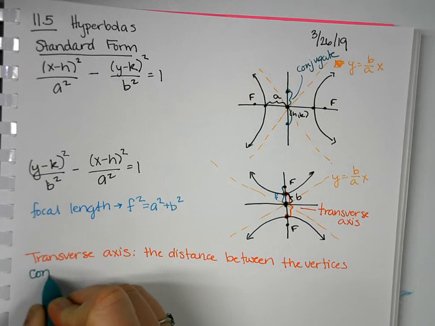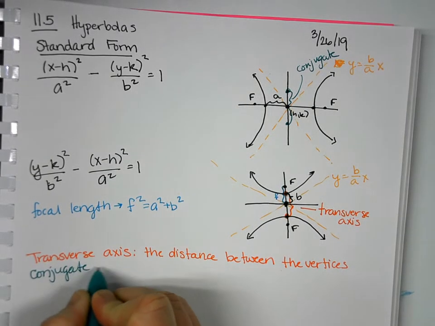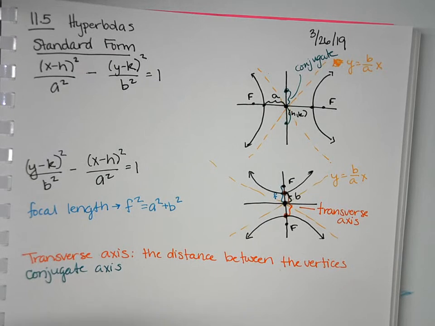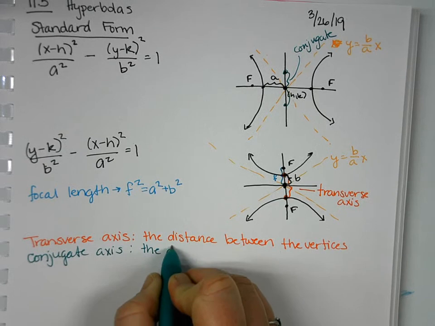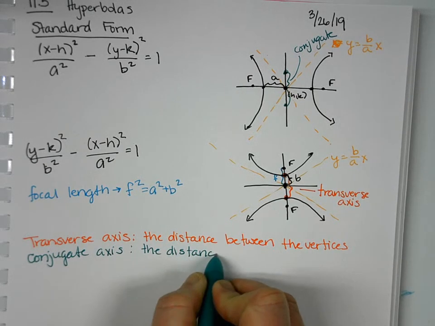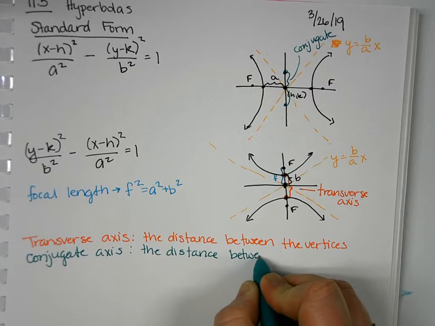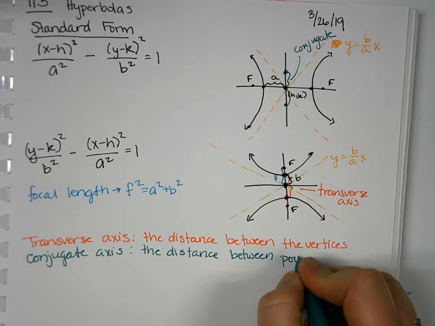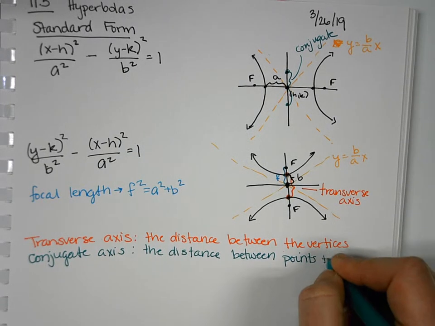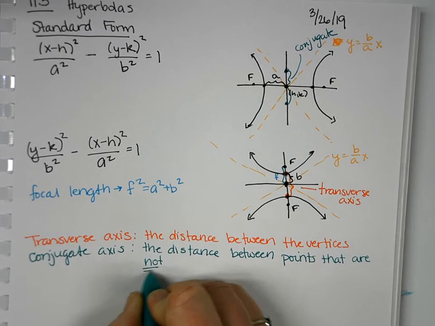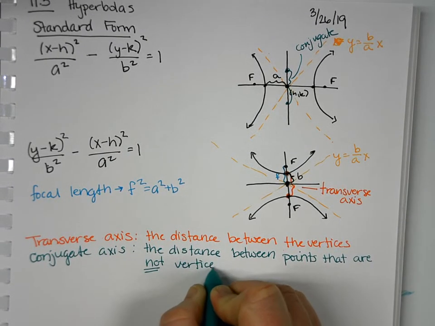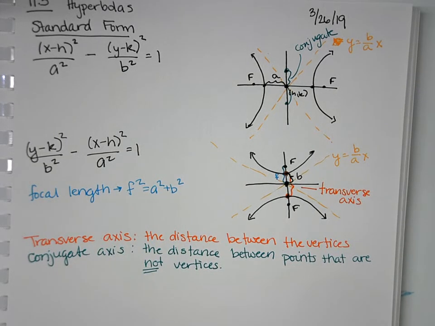So the conjugate axis is the distance between points that are not vertices. In an ellipse, we called them covertices. In a hyperbola, they're not vertices, but they are points that give us the length of the conjugate axis.